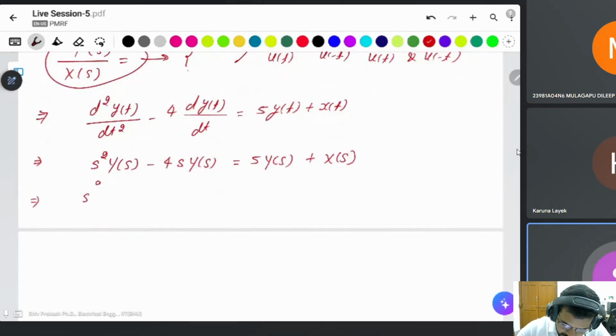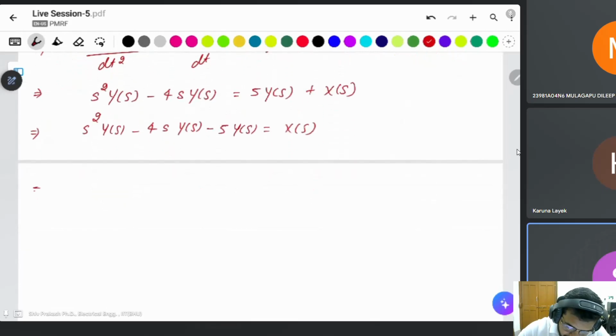and this will be s square Y(s) minus 4s Y(s). Take the Y(s) to one side, this will be 5 of Y(s) plus X(s). Take the common of Y(s), then this will be s square minus 4s minus 5 is equal to X(s).